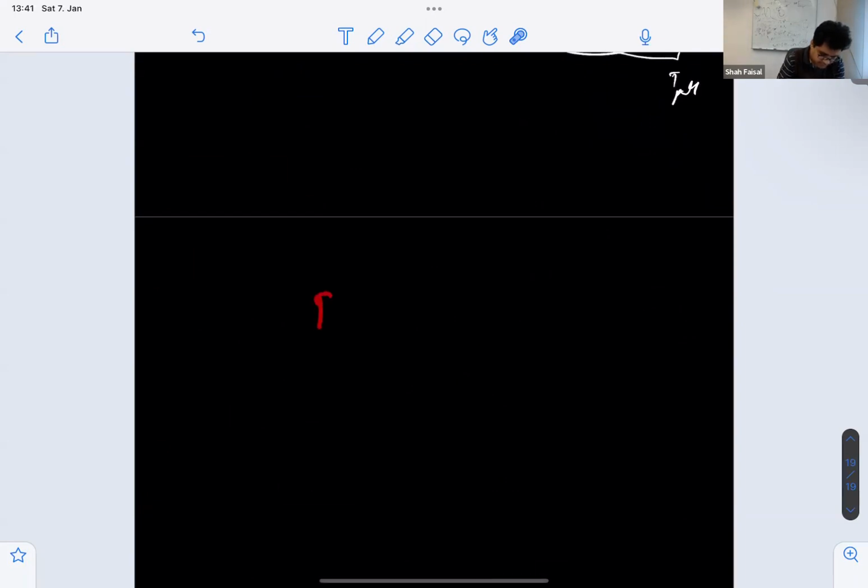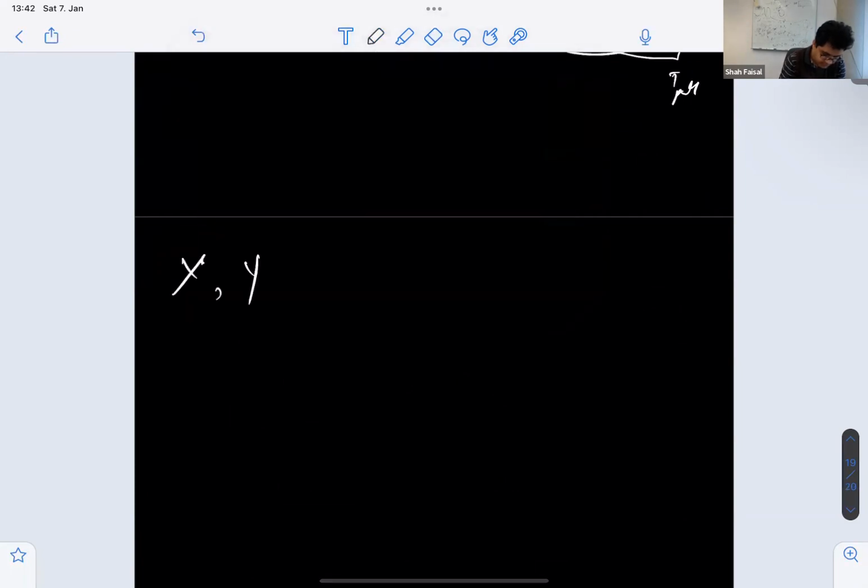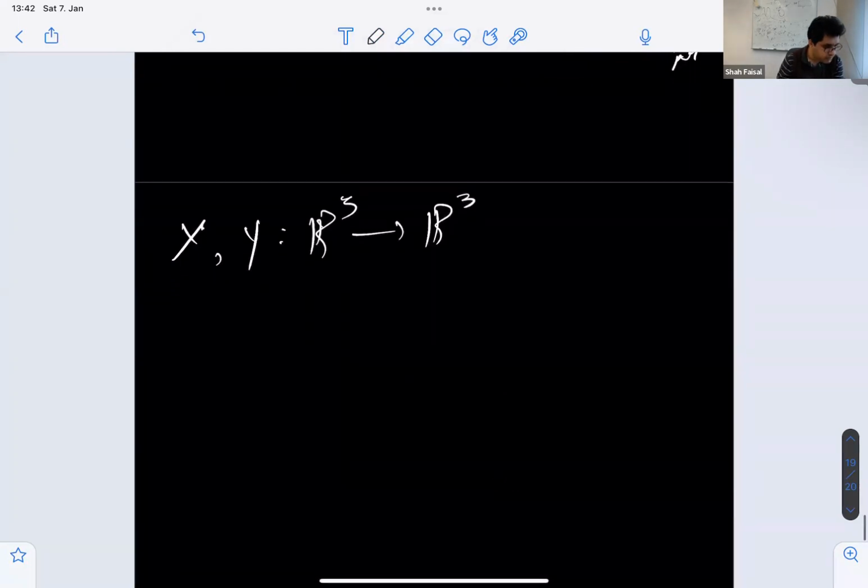So back to the Euclidean case, if you take vector fields, you have nice derivatives. So if you have, let's say, the set of vector fields in R3, let's do it the other way. If you have two vector fields, let's say X and Y, on R3, you know how to differentiate one with respect to the other.